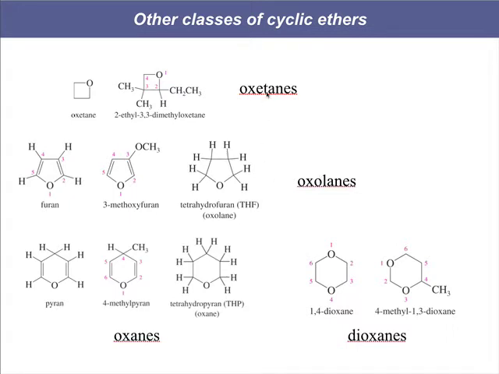So we've got oxetanes, oxolanes, oxanes, and dioxanes. You can also have dioxolanes, where you've got this 5-membered ring where 2 of the members are oxygens. So you can have a 1,3-dioxolane, a 1,2-dioxolane, etc.